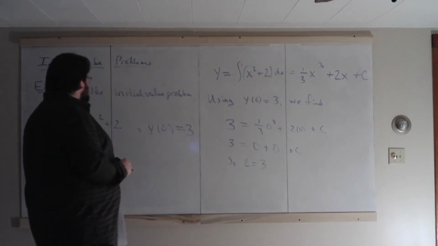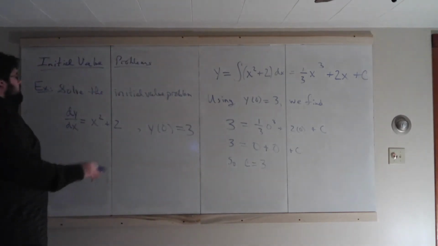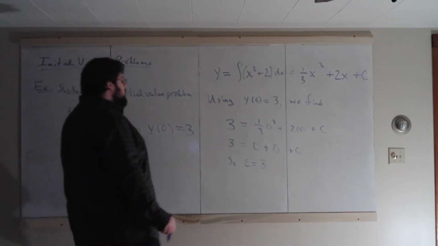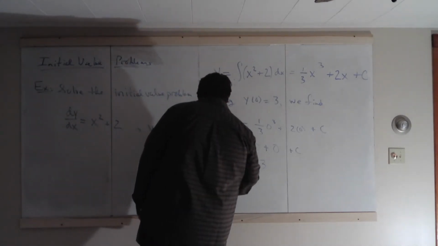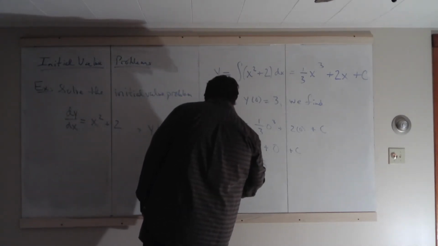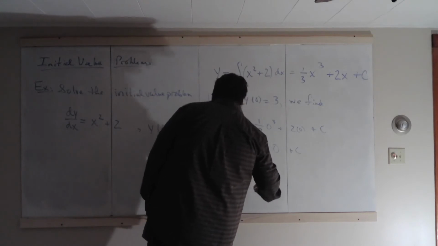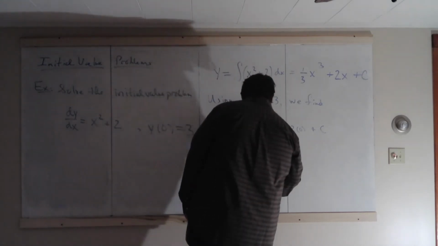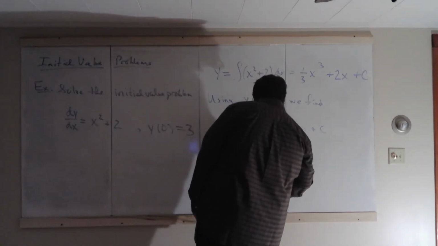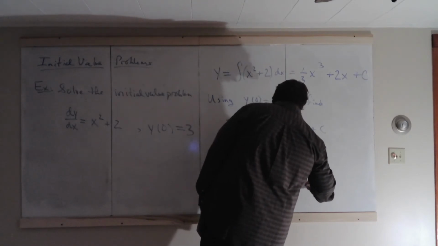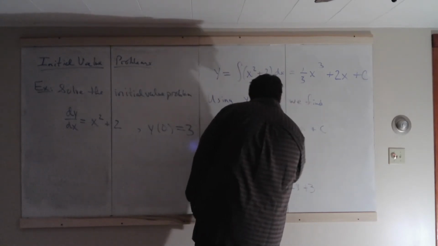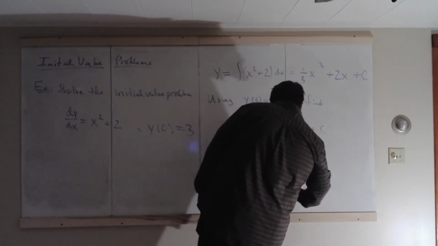Solve the initial value problem means that we actually want y as our answer. So y equals a third x cubed plus 2x plus 3. Let's throw that in a box.